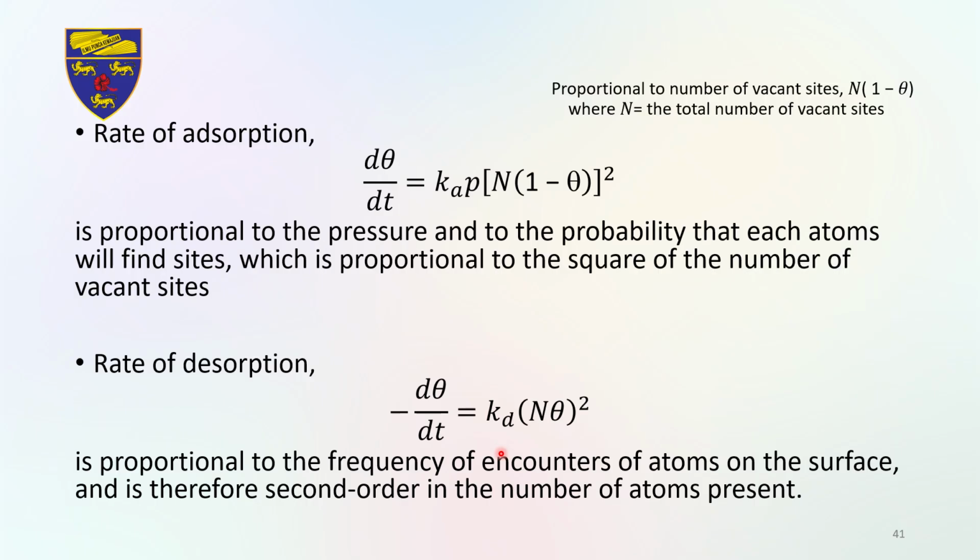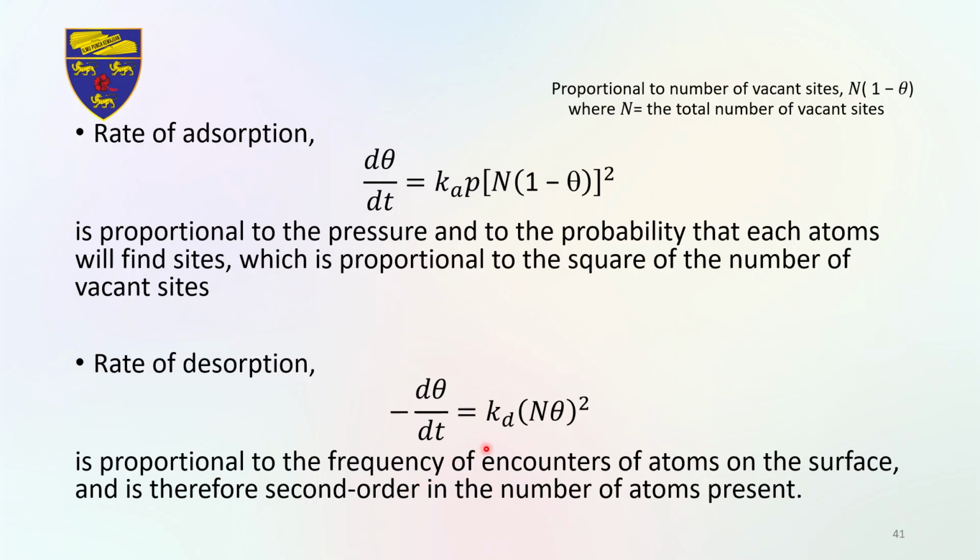This is second order kinetics because desorption requires the encounter of two atoms on the surface to recombine. So the rate is second order in the number of atoms present, and theta. The frequency of encounter also plays a role here. The rate depends on how often these two atoms bump into each other while vibrating or moving on the surface.